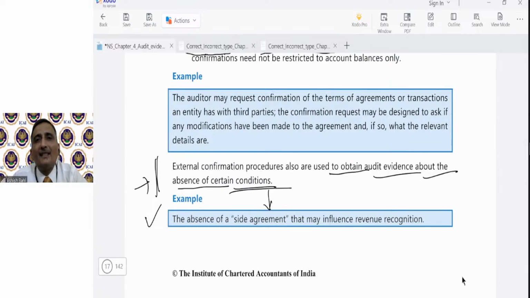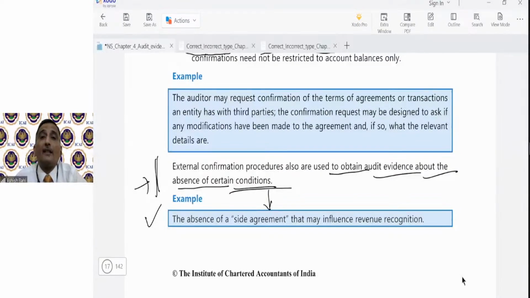से उसका कस्टमर्स के साथ, उसके 10 कस्टमर हैं, 10 कस्टमर के साथ कॉन्ट्रैक्ट है. अब ऑडिटर इस चीज को वेरीफाई करना चाहता है कि कोई और सेपरेट एग्रीमेंट तो उन्हें एंटर नहीं किया हुआ जिसमें कुछ कंडीशंस और हैं, and the management is misleading him.